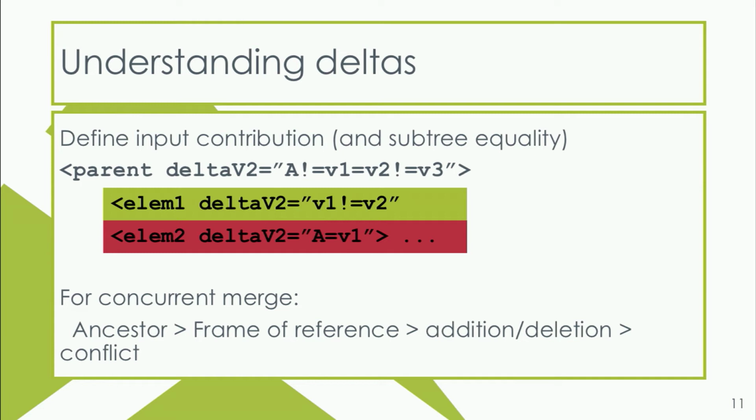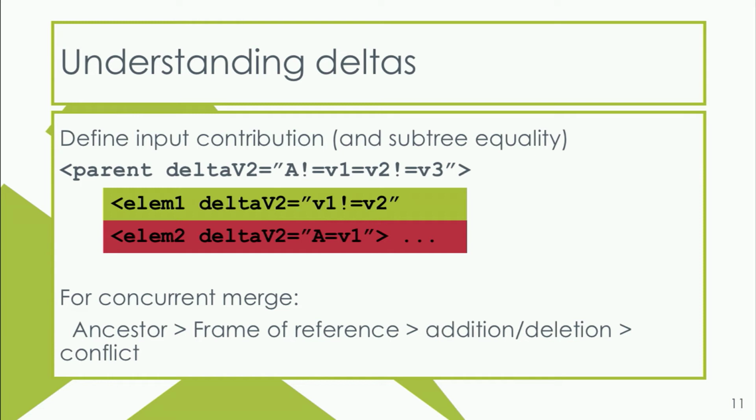So element 1, you'll see wasn't present in the ancestor, and therefore we can deduce that it has been added. So the parent has A in its delta, but element 1 doesn't. So in order to do these calculations of addition and deletion, you need to look at an element and its parent to derive some of these rules.